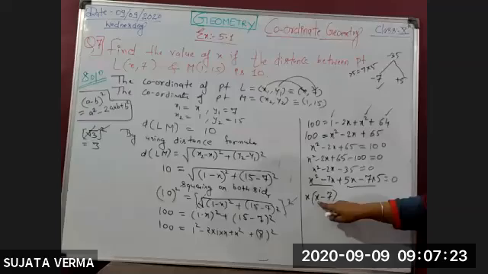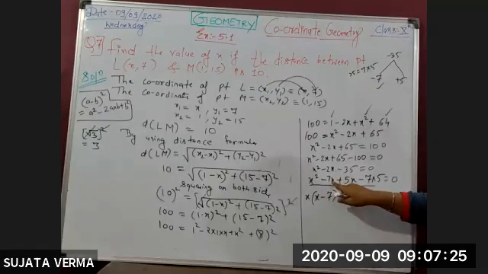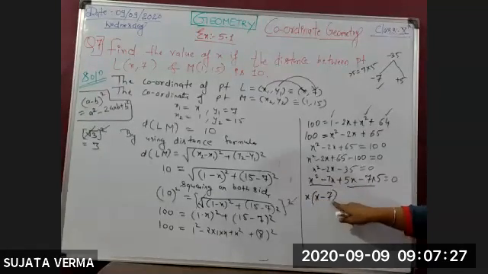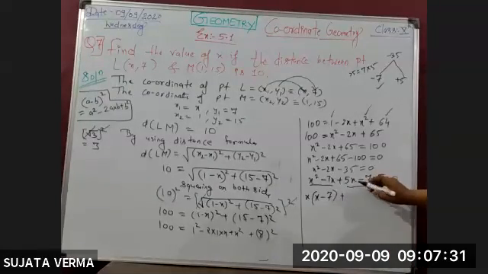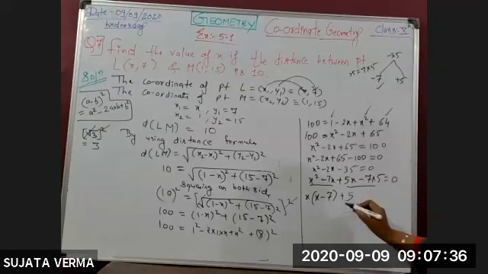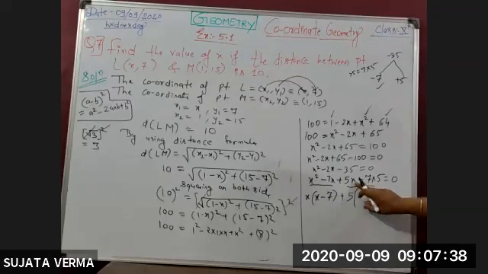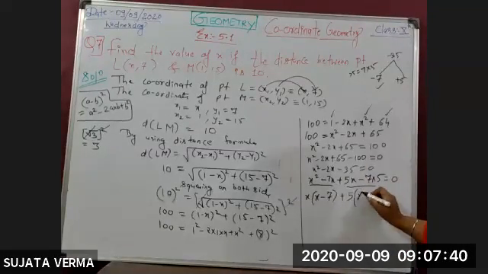So we put here x minus 7. Now take common in this. What is common in this? 5 is common. We take 5 common. Then what remains here? x, and here minus 7 is equal to 0.